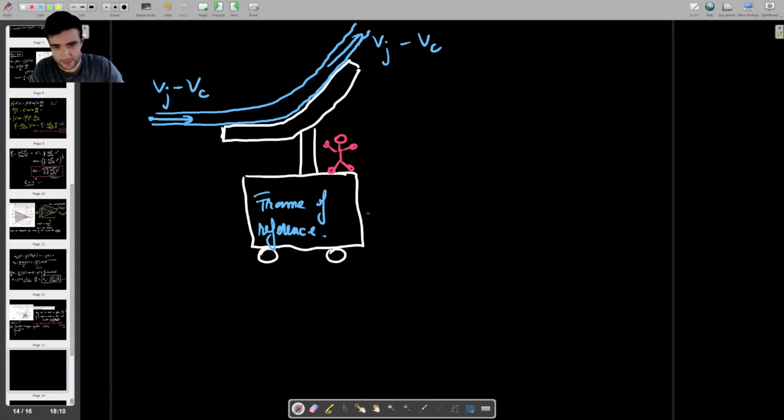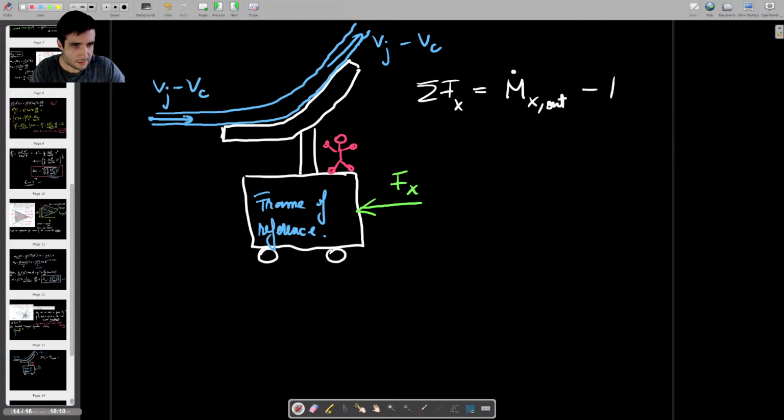And then I also have this force that's used to restrain the cart. So all we have to do now really is just apply the principle of momentum conservation, which is that the sum of forces specifically in the x direction are going to be equal to the momentum flow rate in x going out minus the momentum flow rate in x coming into the system, like this.